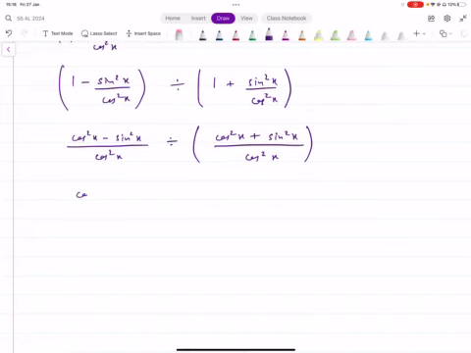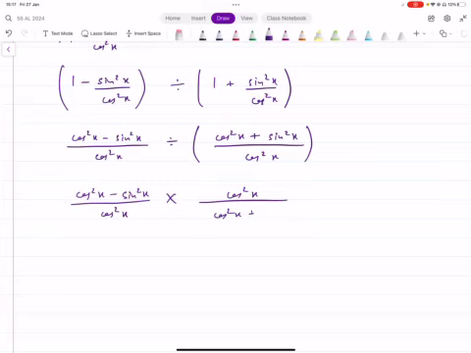We could write it like this: cos square x minus sine square x divided by cos square x multiplied by cos square x over cos square x plus sine square x. Is this all right? यहाँ तक के मसला?